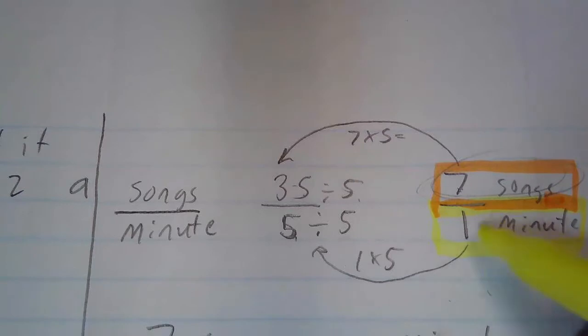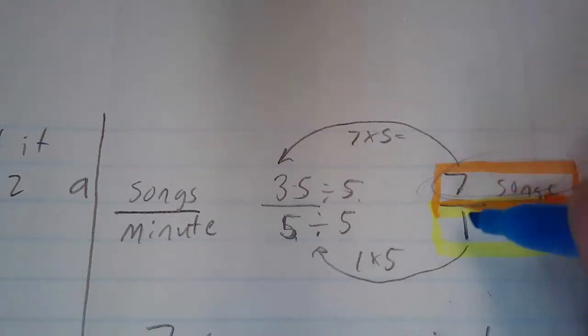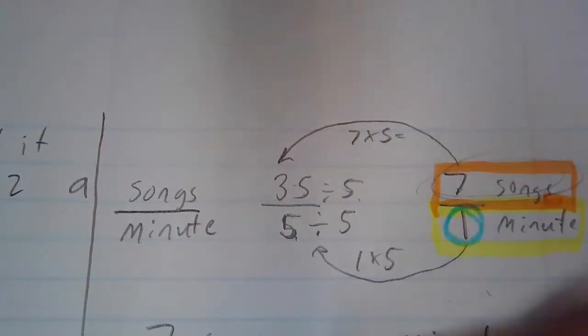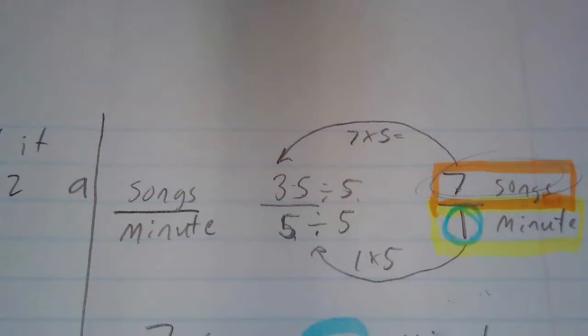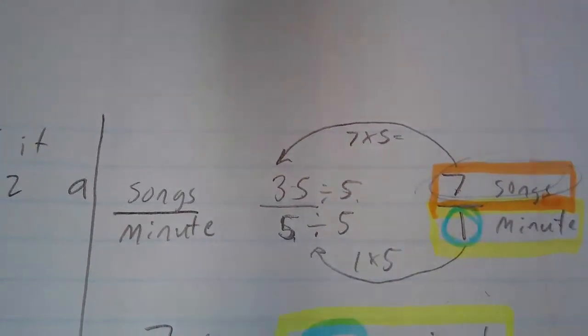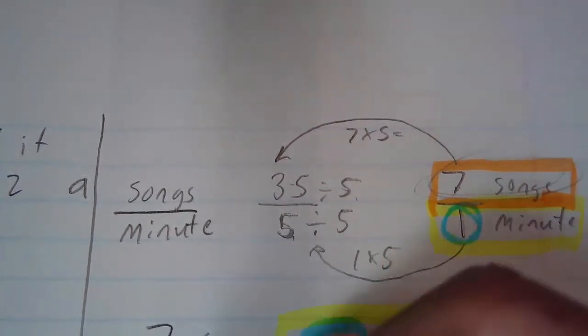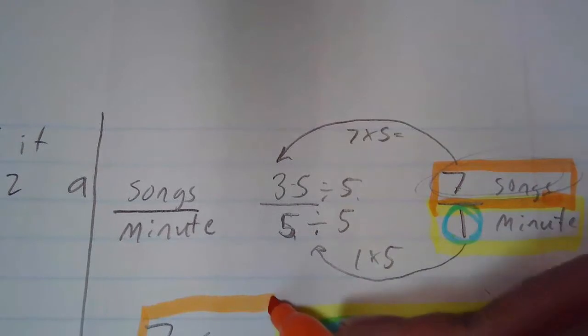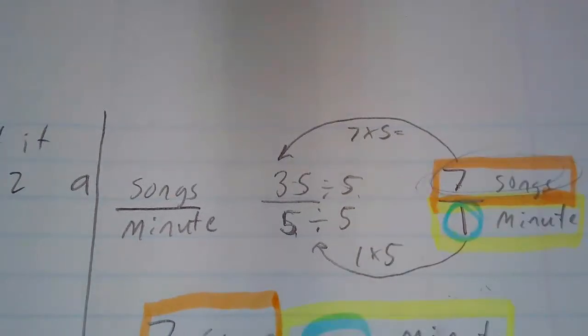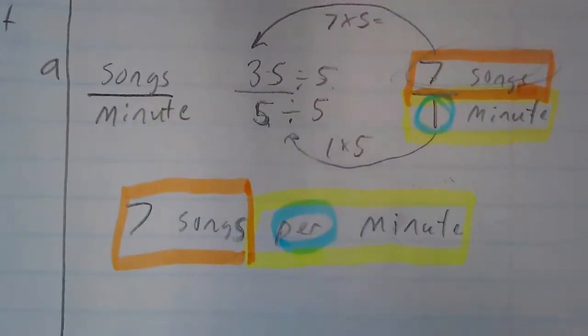Again, that per is that 1. You're like, what's he doing now? Seven songs. So, if you trust me, if you follow my directions, you can see what I just did.